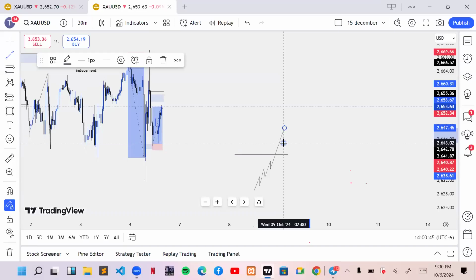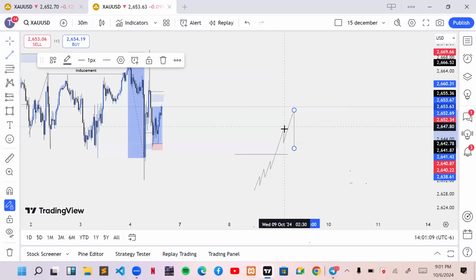So this is what you'll be looking at as a pullback. But for it to be a valid pullback, you need to at least push the trade up close to this zone where the market stopped after the break of structure, before coming to trigger your point of interest. Or you can still break the market above that zone before coming to trigger the point of interest. Provided it gets the market to at least close 50% of the last move, it's a valid pullback.